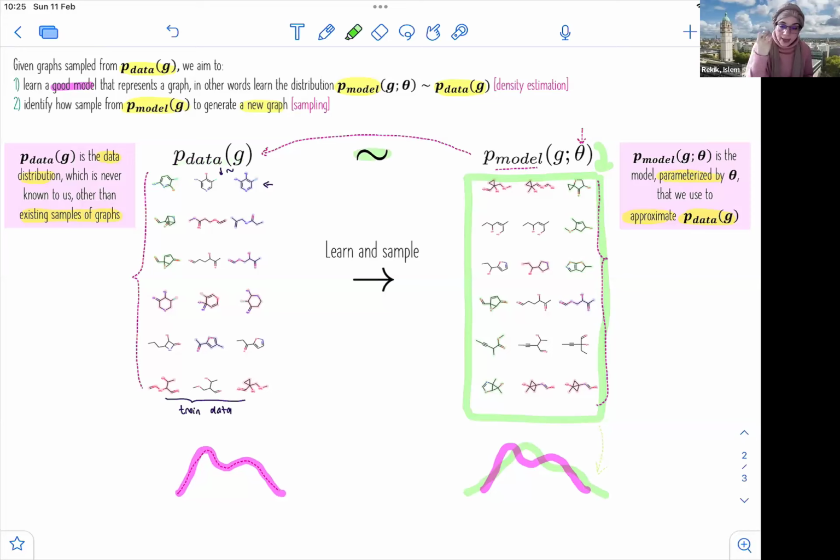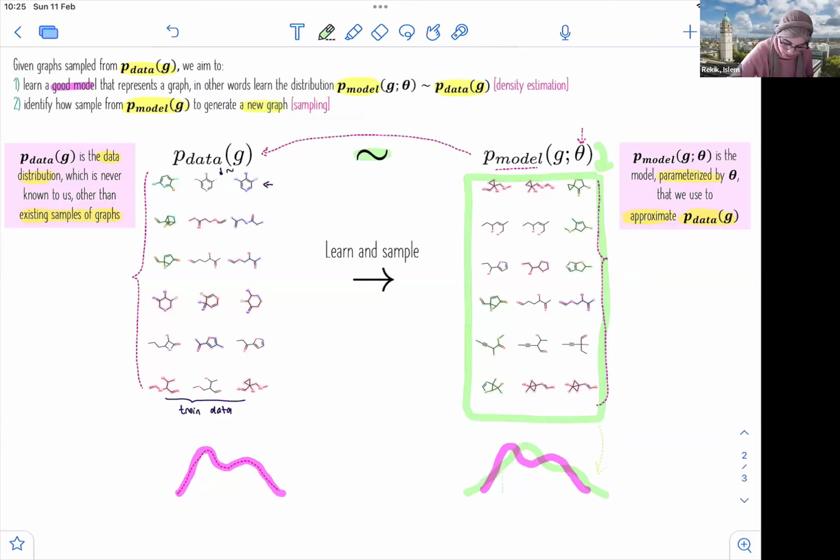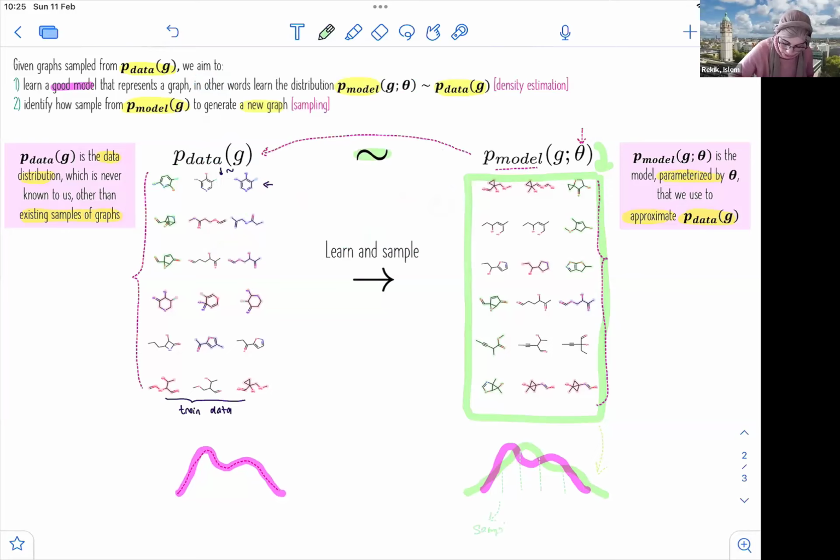Now, one thing, how to sample, think about it. You can draw from this distribution multiple values, and as you draw, this sampling process will allow you to sample new graphs. So basically what happened here is that we learned this distribution, the P model.